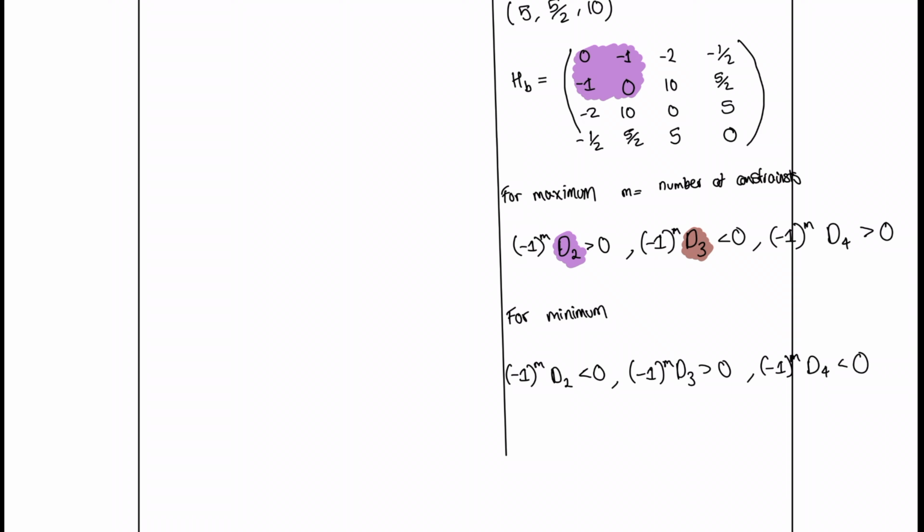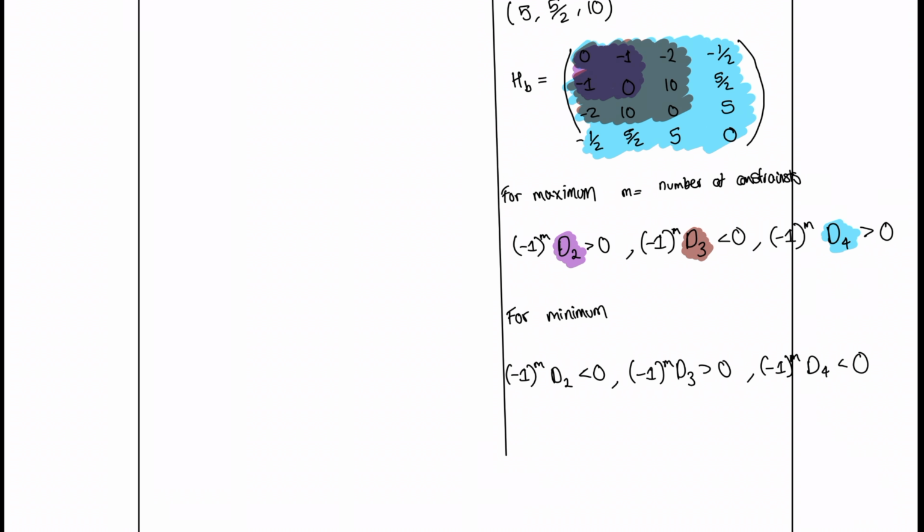D3 stands for, from this first entry, we now make a 3 by 3 matrix and we work out the determinant of that. So that would be this matrix. And then D4, you can probably work out, is starting from this first element, making a 4 by 4 matrix, which is just the determinant of the whole bordered Hessian.